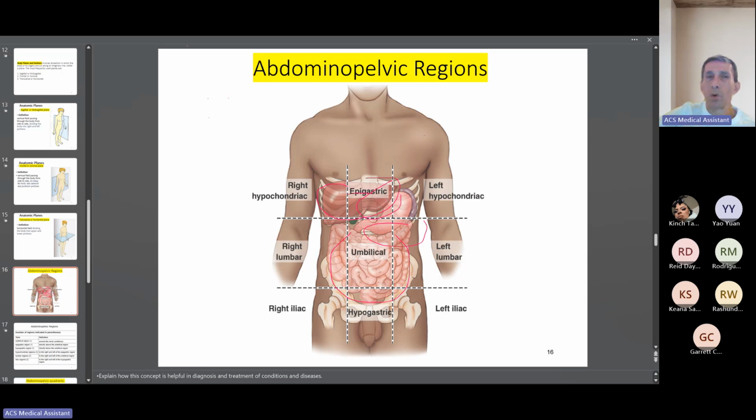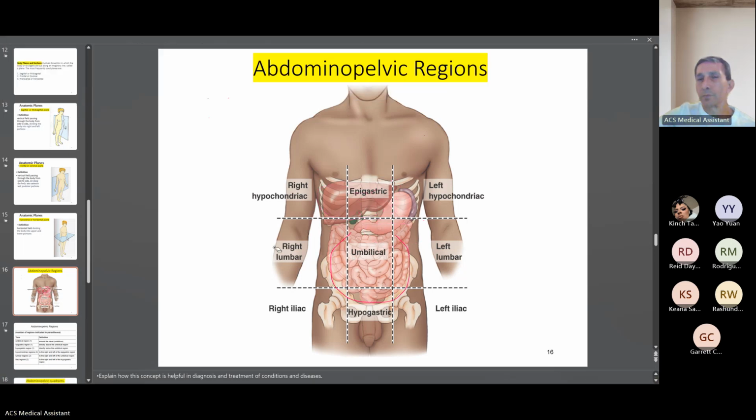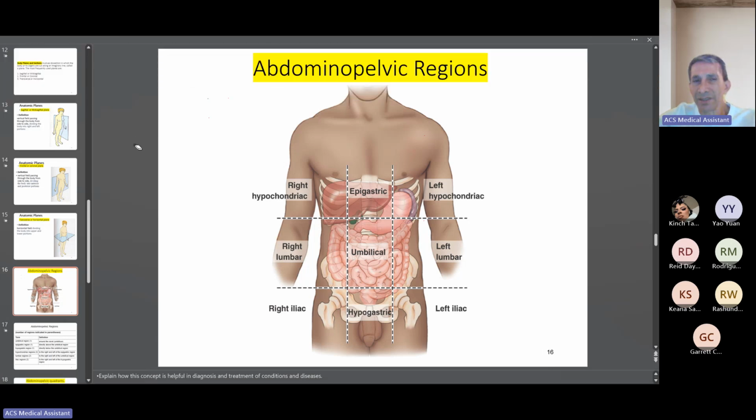So this is a more specific distribution that we use, versus the one that I'm going to talk about later on, which is the quadrants, which is more commonly used. Instead of using the regions, we're going to use more the quadrants. This is more for specific purposes, more details.